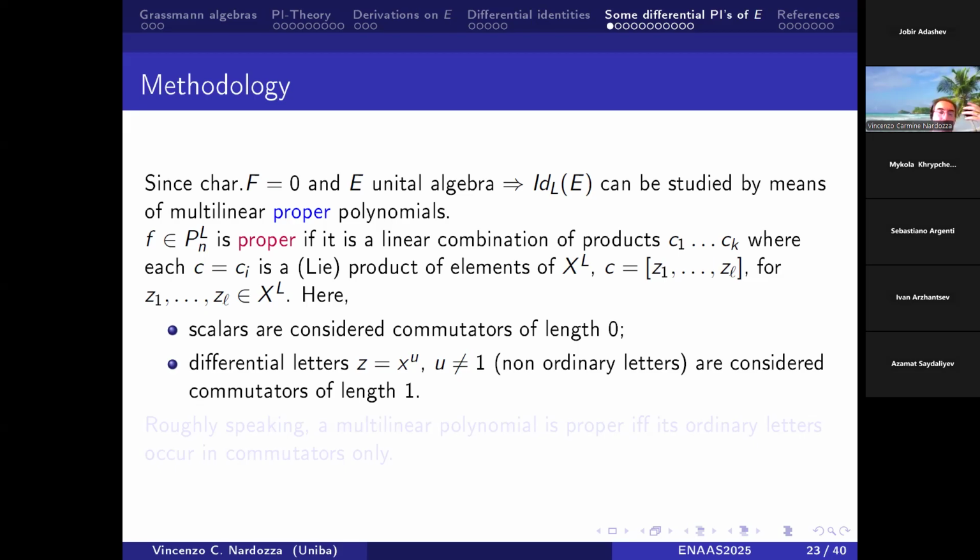A differential multilinear polynomial F is called proper if it can be written as a linear combination of products C1, C2, ..., Ck, where each of these factors C is a Lie product of elements of X^L, or we can say it is a generalized higher commutator [Z1, Z2, ..., Zl], where these elements are in X^L.